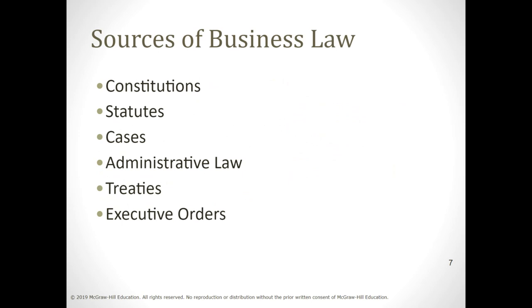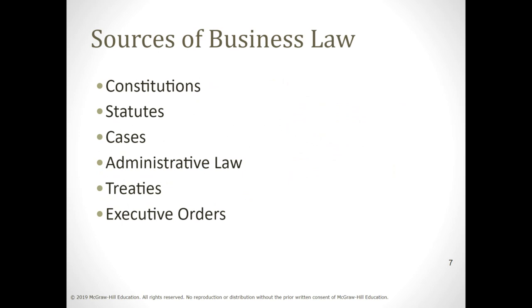Cases are a collection of interpretations of statutes made by judges, also called common law. And this refers to or uses precedent, which they look at rulings in similar cases that previous judges have made, and they use those to inform the opinions they're making now.